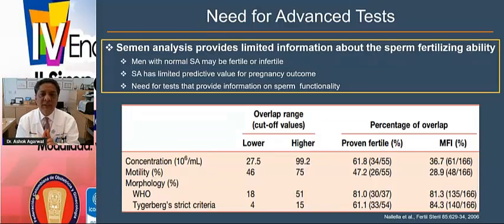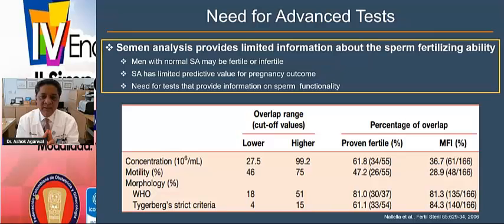The test has numerous problems. It is a very subjective test. It provides, in many cases, highly inaccurate results just because it is all done manually, and it's very difficult to get the results for many of the parameters of the sperm correctly, and the results are not comparable between different laboratories or different individuals who are conducting this test.